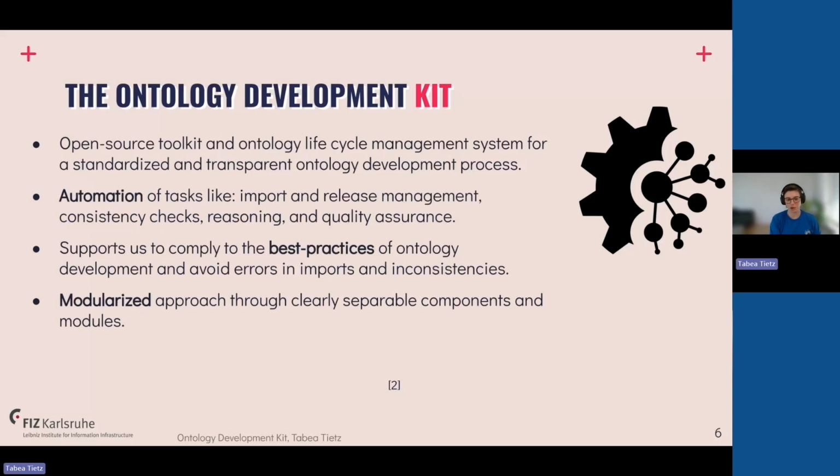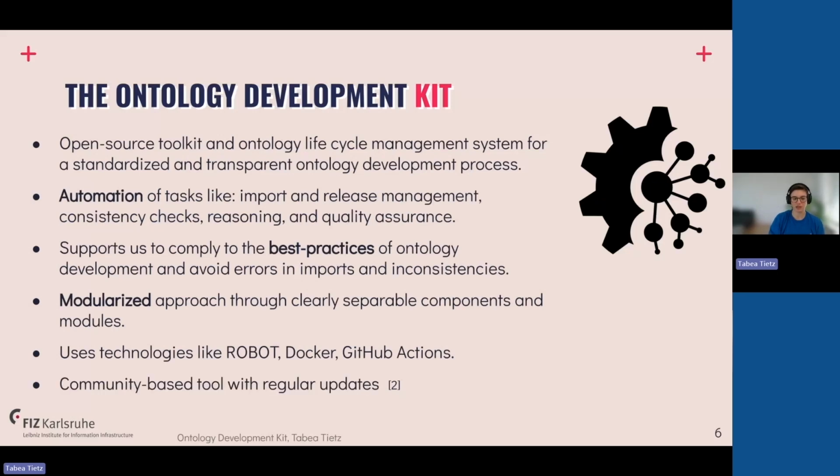ODK enables a modularized approach with very clearly separable components. I will also talk about this later. It uses technologies like Robot, Docker, and GitHub Actions. And very nice also is that it is a community-based tool where we also have regular updates.